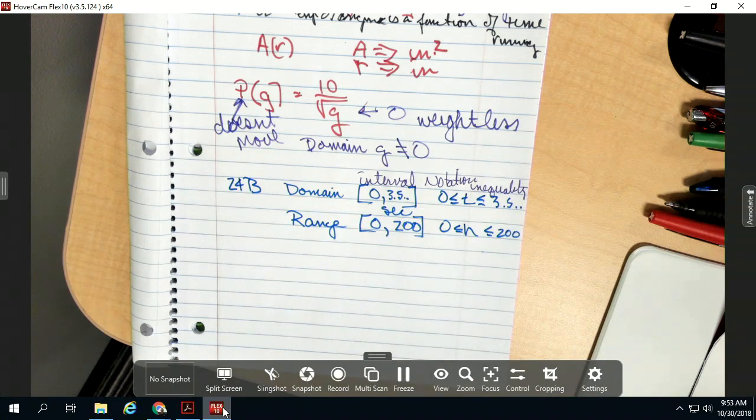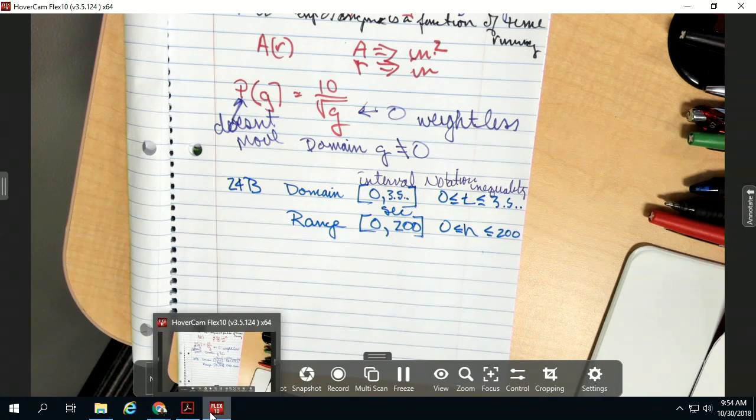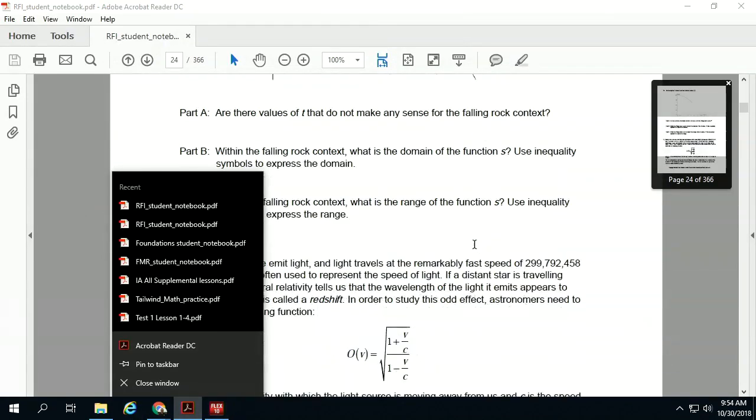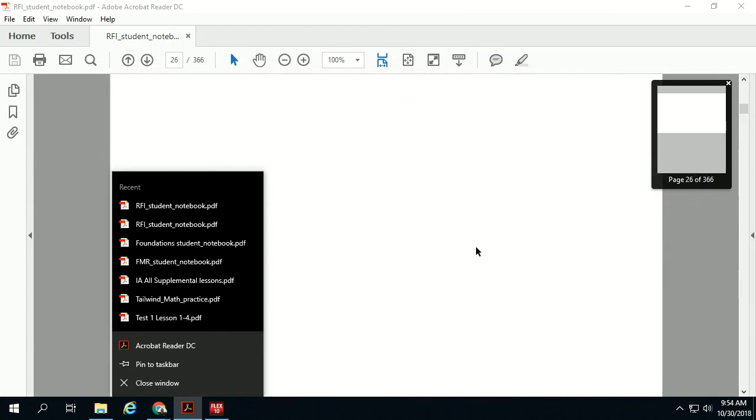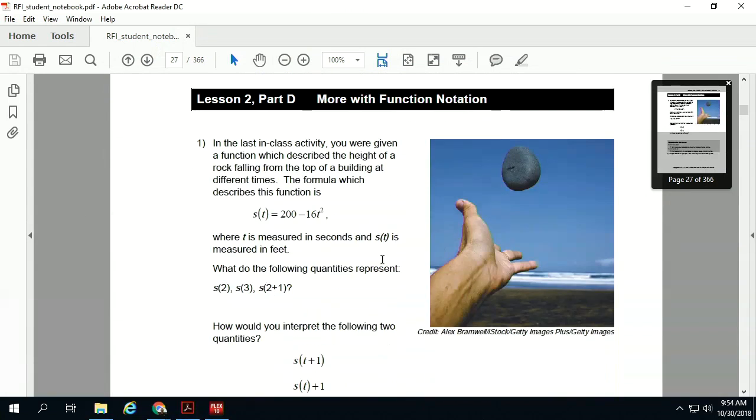So, we're going to build on that idea with the rock. S of t equals 200 minus 16t squared, where t is measured in seconds and s of t is measured in feet. So, s of 2, we don't want what it is, we want what does it mean.